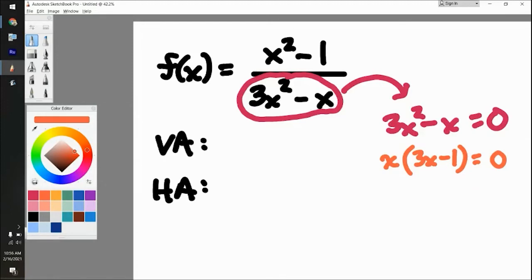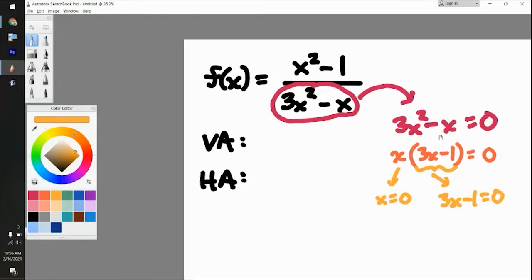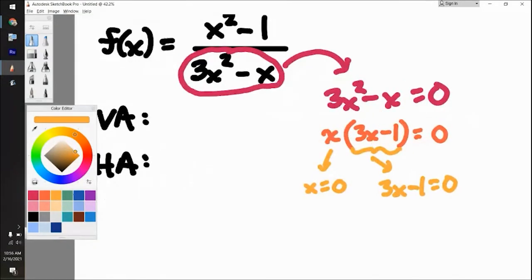We're going to solve each of these: x equal to 0, and 3x minus 1 equal to 0. The x equals 0 is already solved. We add the 1 to both sides here, and you should get x is equal to 1/3 for this one.